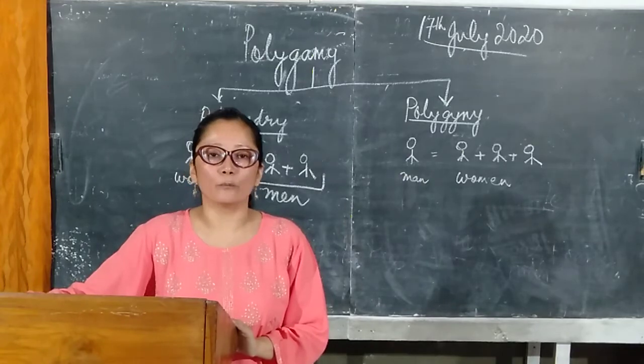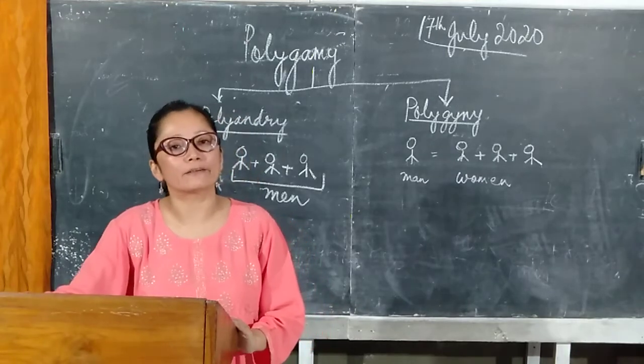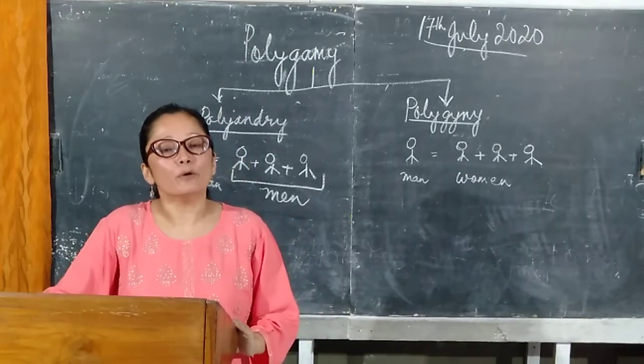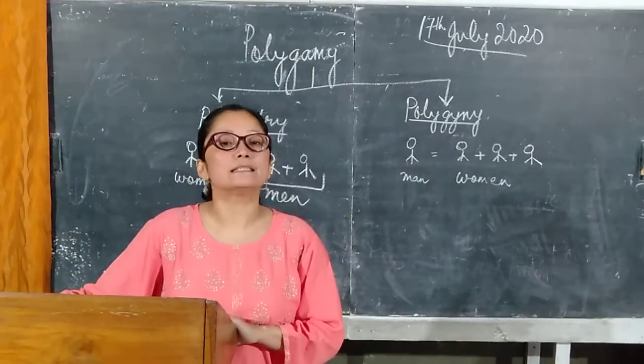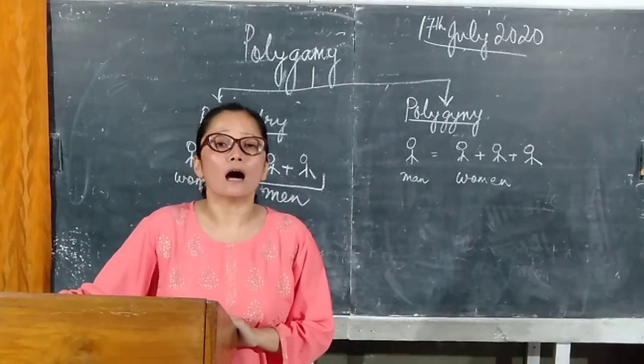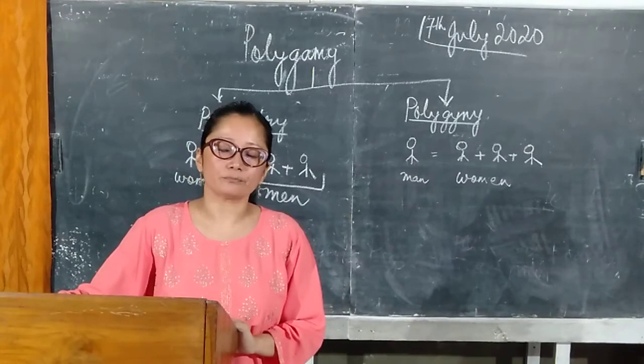You all are aware that such kind of marriage is the most preferred form of marriage, and almost 99% of the societies today are in favor of such kind of marriages.